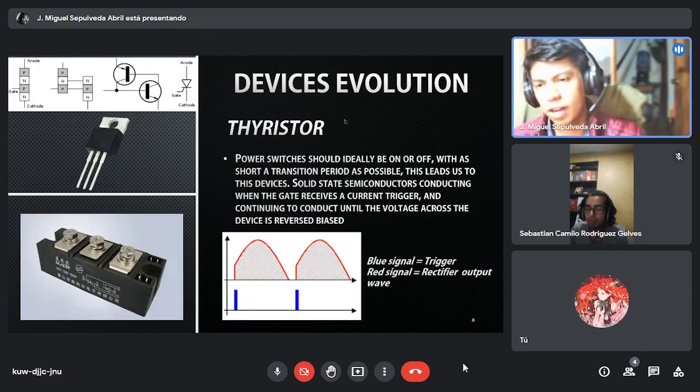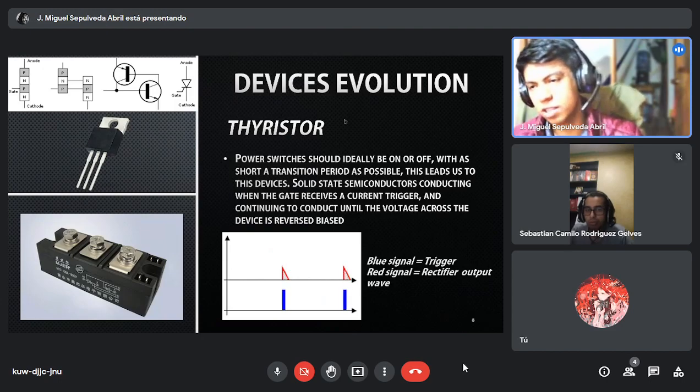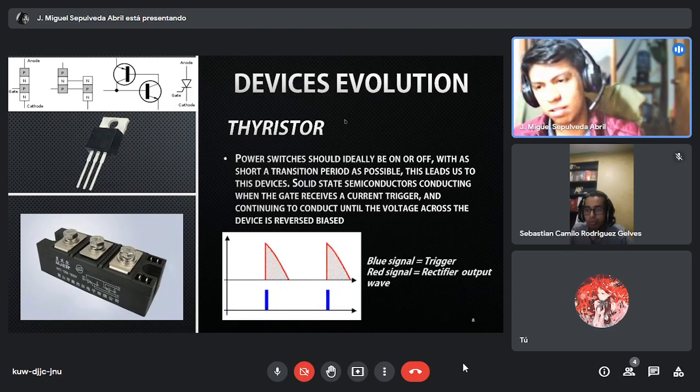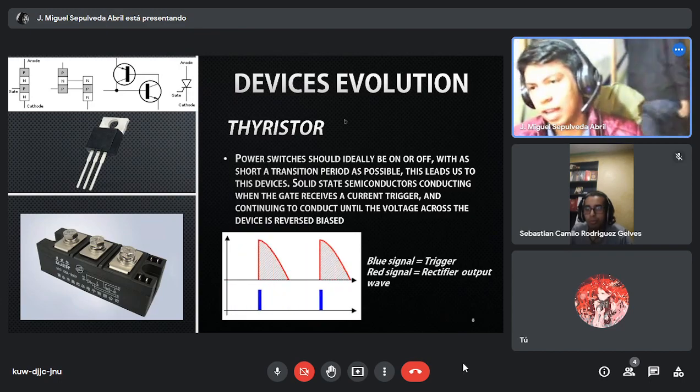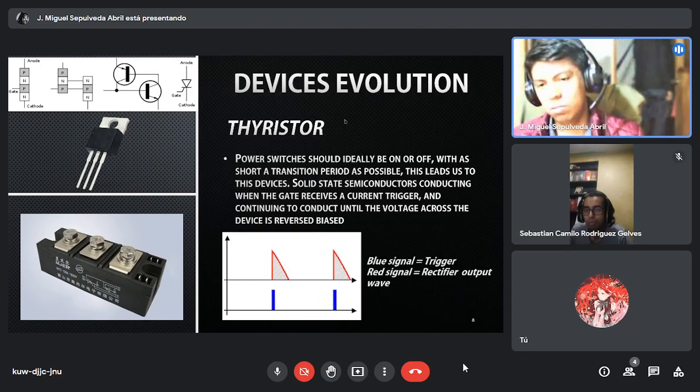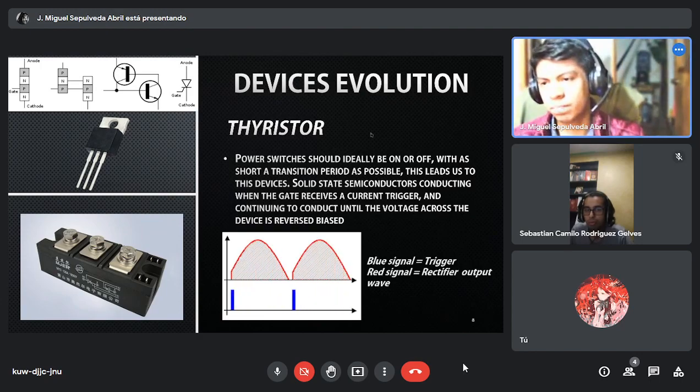So now we have the thyristors. Thyristors are based on the idea that power switches should ideally be on or off with as short a transition period as possible. That means they need to be fast. This leads us to these devices, the thyristors, which are solid-state semiconductors conducting only when the gate receives a current trigger and continuing to conduct until the voltage across the device is removed.